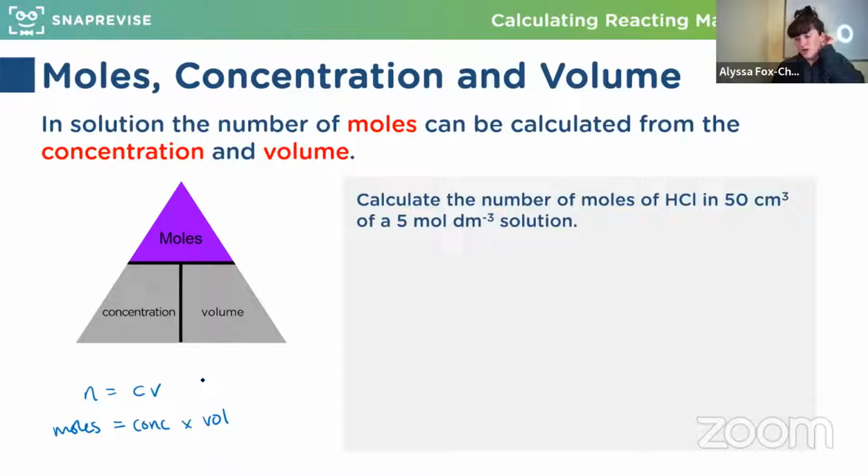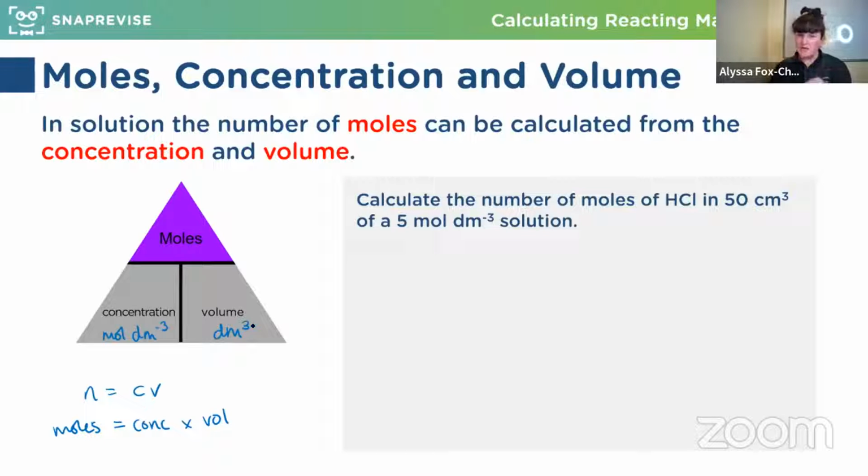And they love to pop a unit conversion into these questions. So because concentration is usually given in moles per decimeter cubed, so mol dm to the minus 3, our volume must be given in decimeters cubed, otherwise we can't use them in this relationship because the units are wrong.